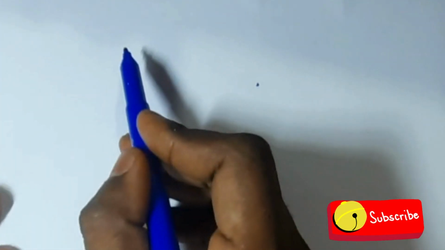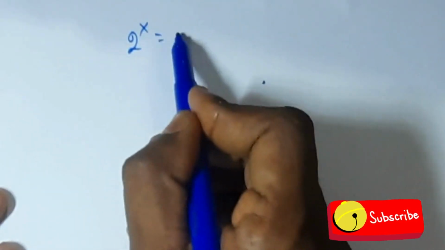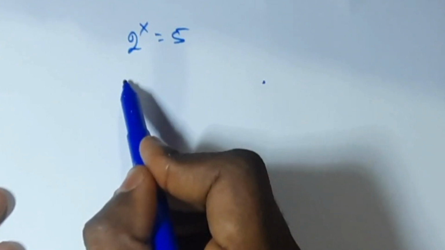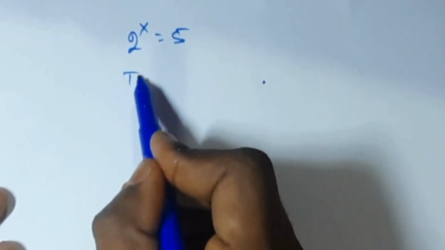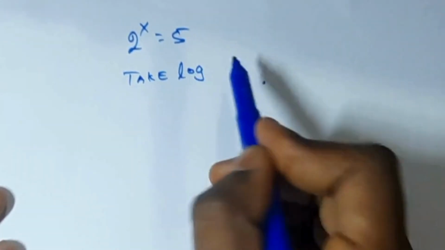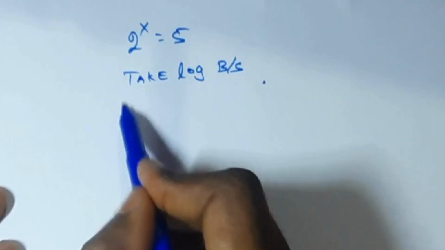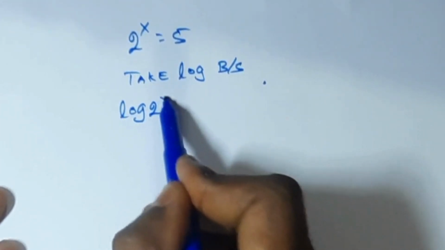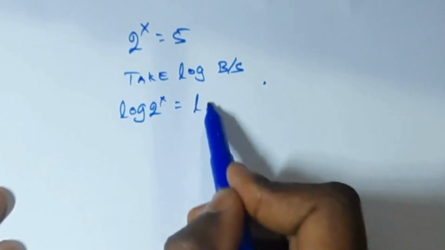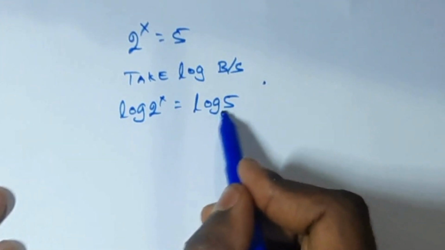Another method to find the x value is 2 to the power of x equal to 5. Take a log on both sides. Log 2 to the power of x equal to log 5. Here we are applying base 5.